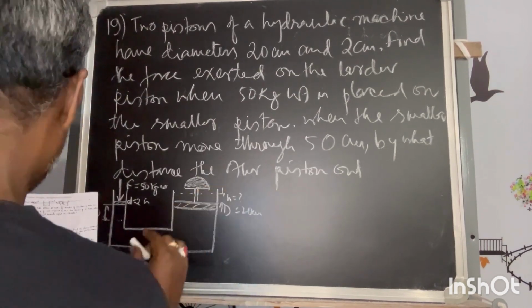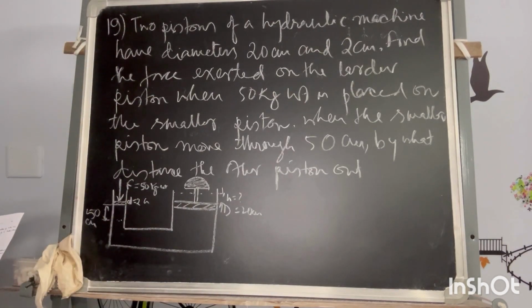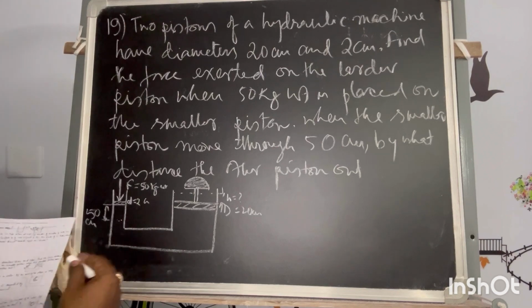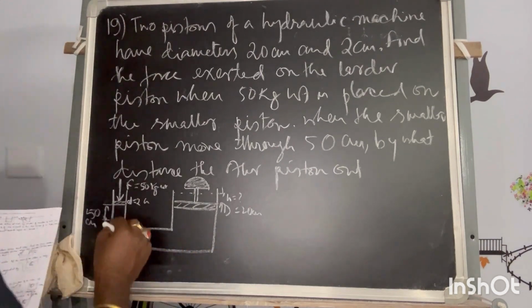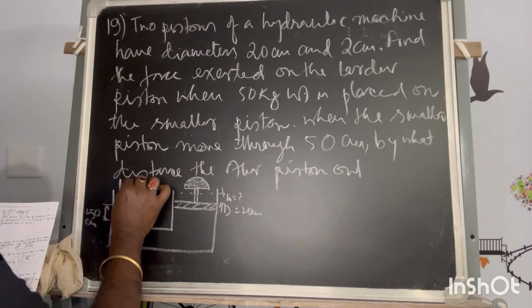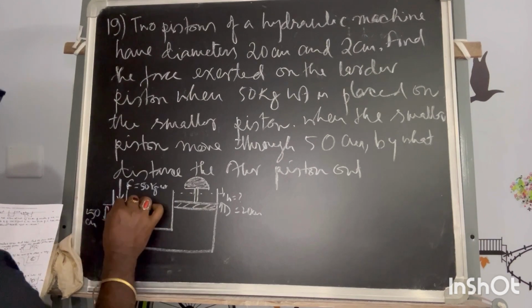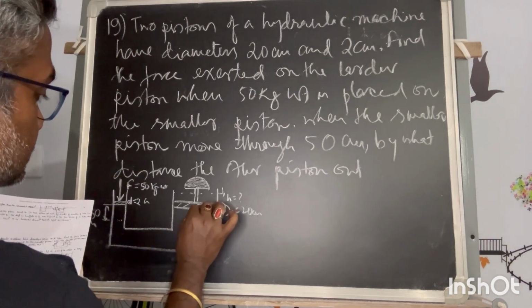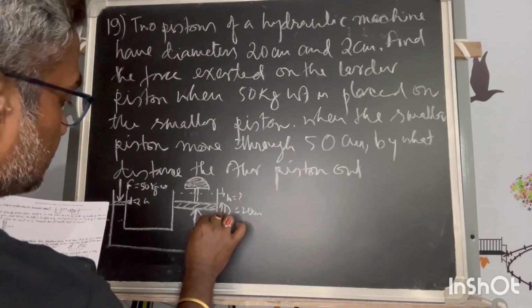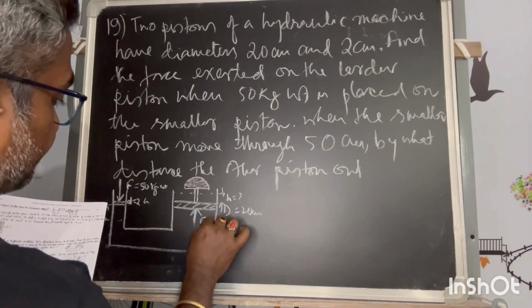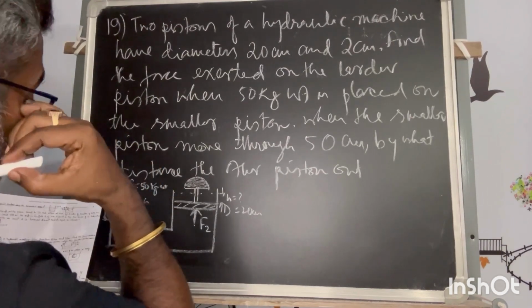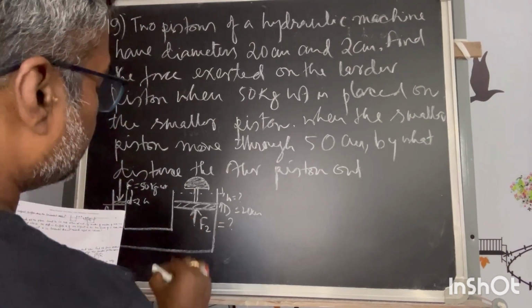This is unknown to be calculated. Find the force exerted: this is the force exerted on the smaller piston, due to which there will be a force acting on the larger one. Let's say this is F2, this is F1. So you have to find the force.